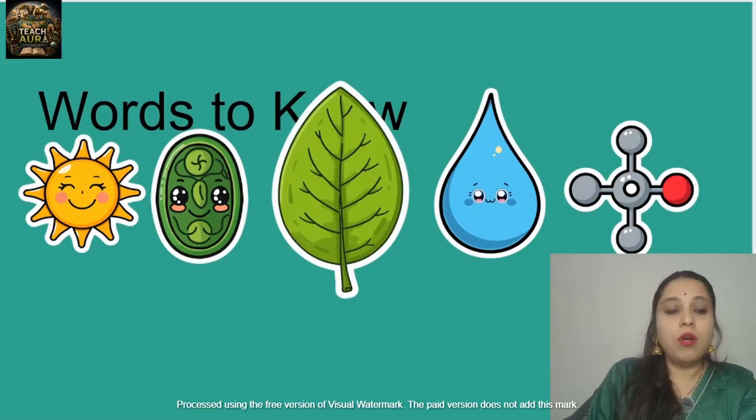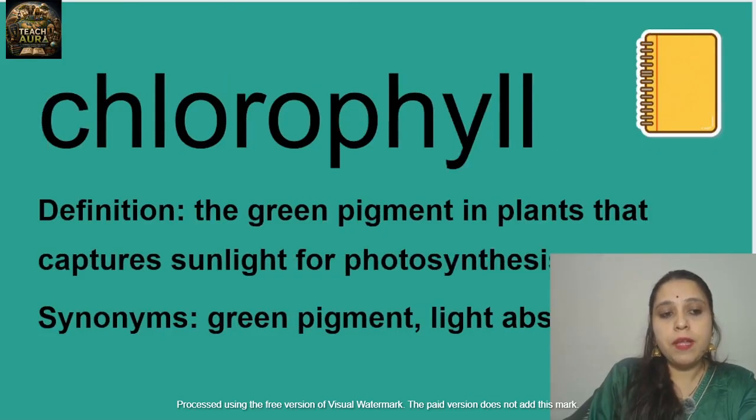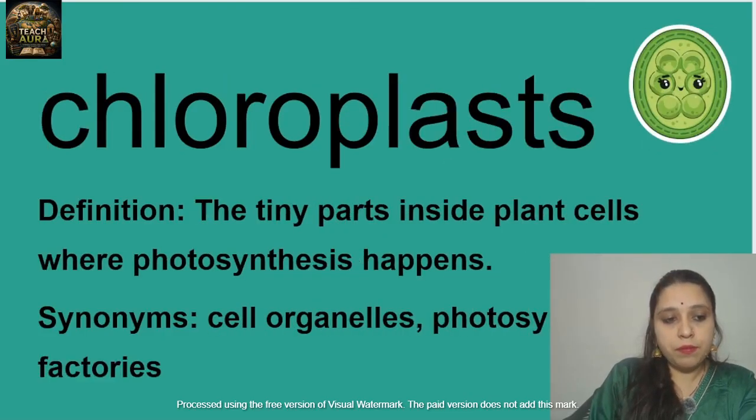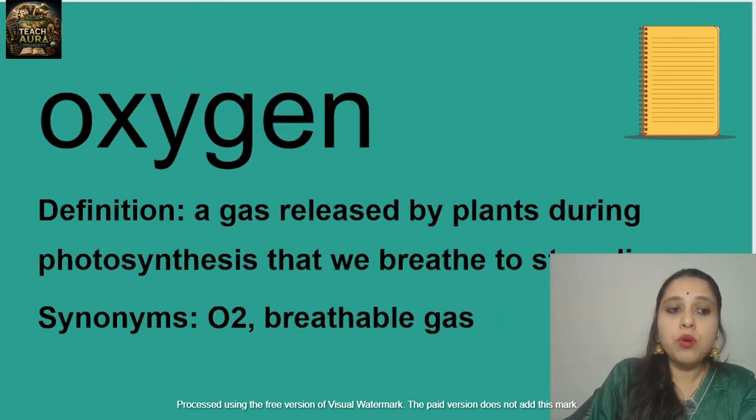Now we come to vocabulary words. Here I'm going to paste this link in the description box, children. Each word which is very important, I have written here, and I have also given the definitions and synonyms of it, so you can see what other words you can use.